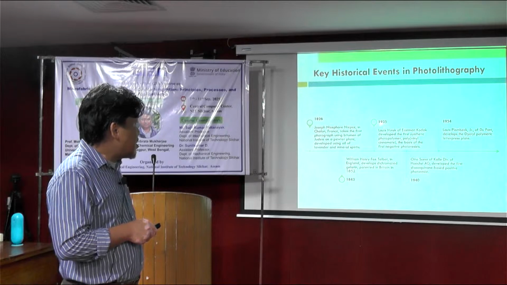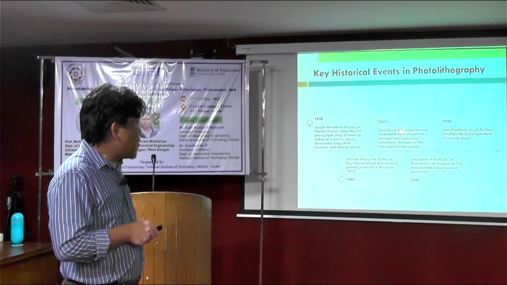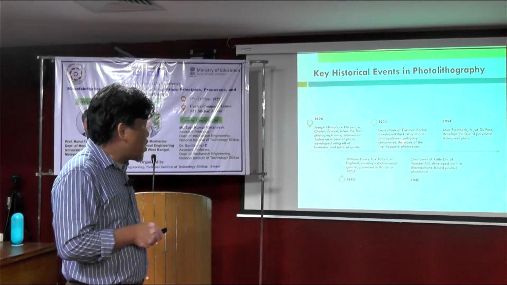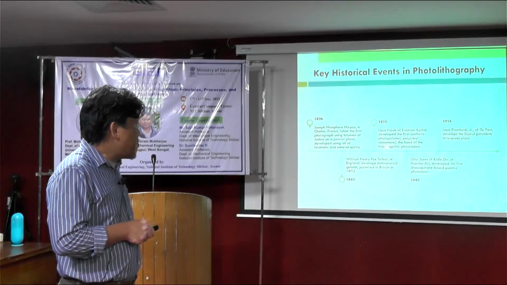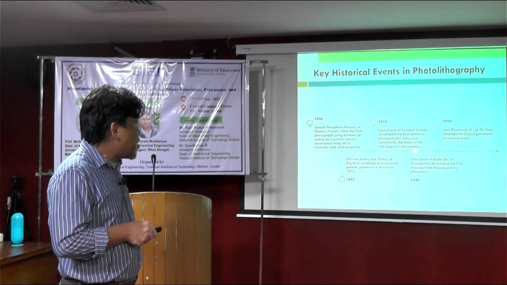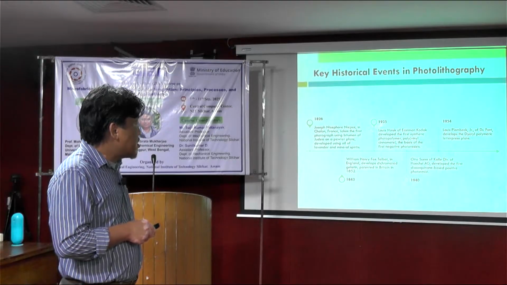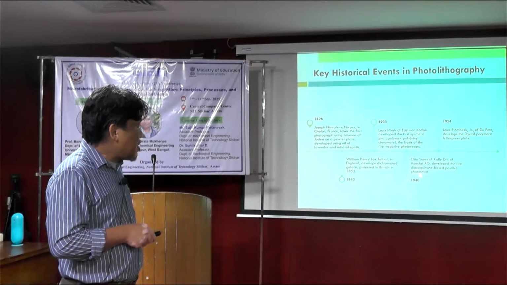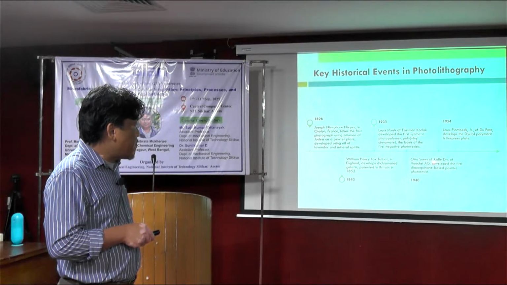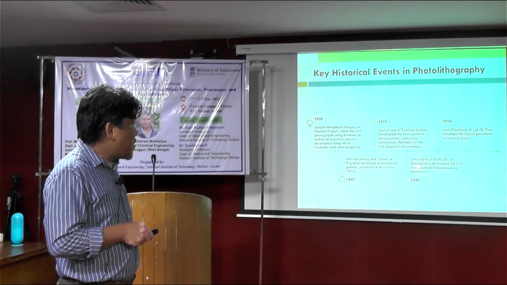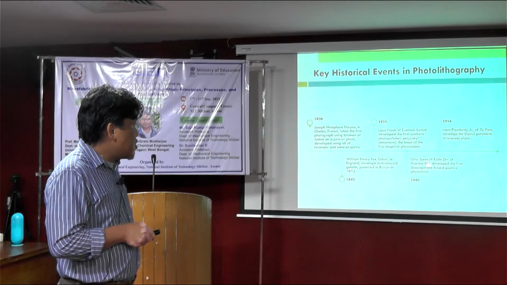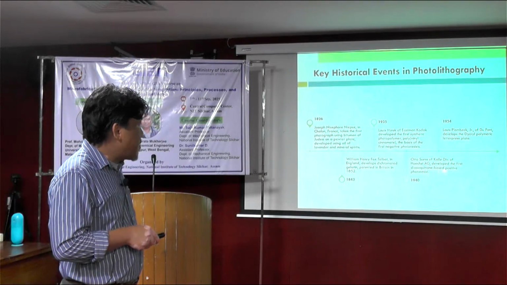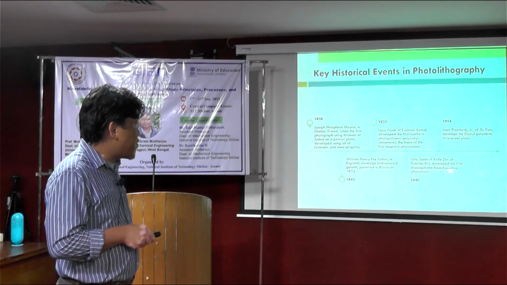Then in 1935, Louis Minsk of Eastman Kodak developed the first synthetic photopolymer, polyvinyl cinnamate, the basis of the first negative photoresist. Then in 1940, Otto Süs of Kalle, Germany, developed the first diazonium-based photoresist, the positive photoresist.